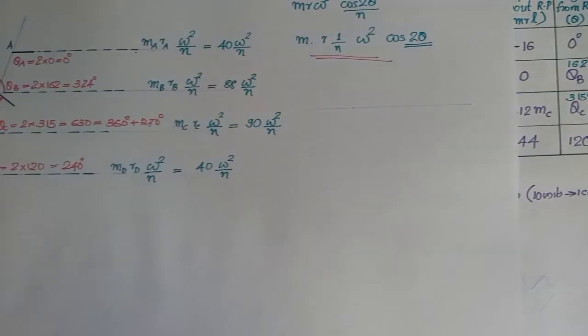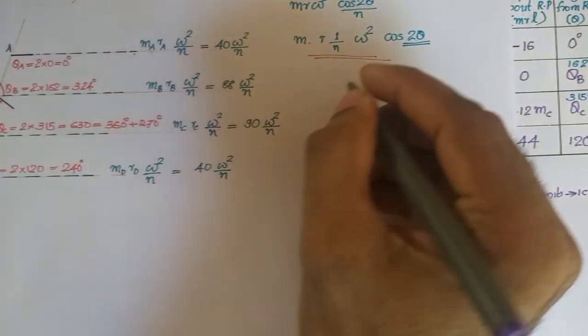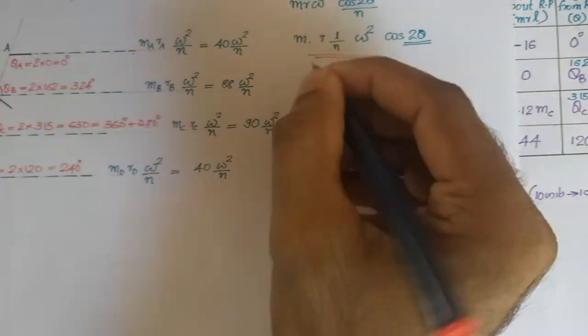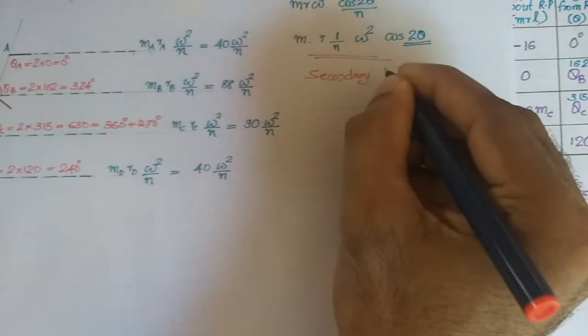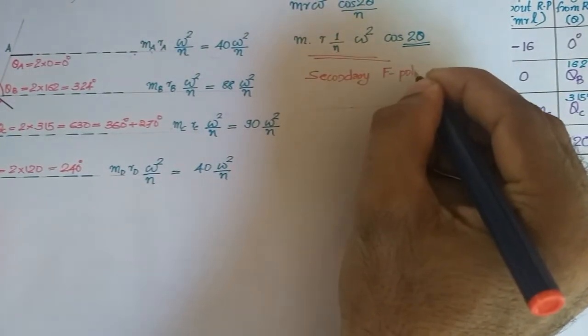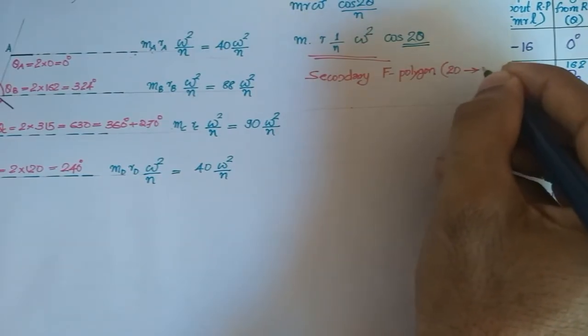Here we are drawing the secondary force polygon, and while drawing, a scale of 20 units will be taken as 1 centimeter.